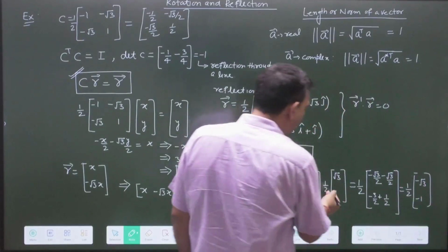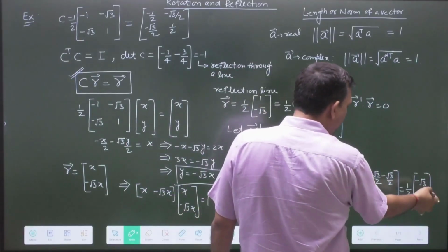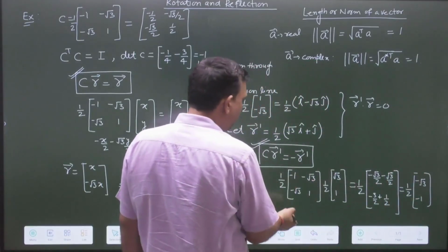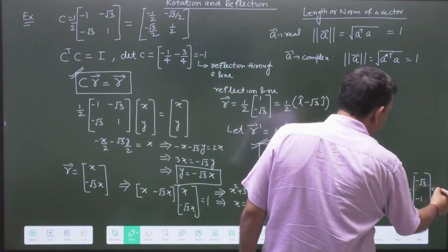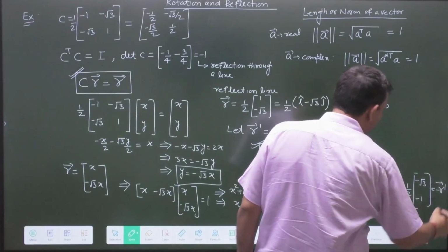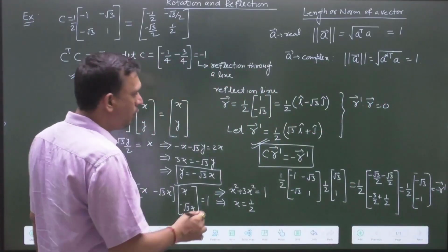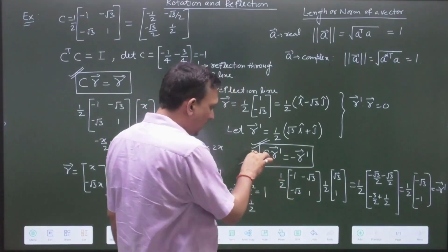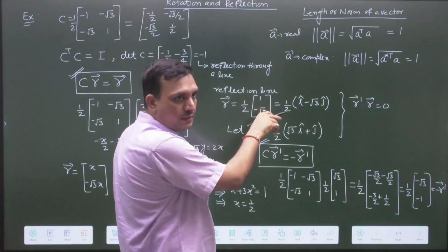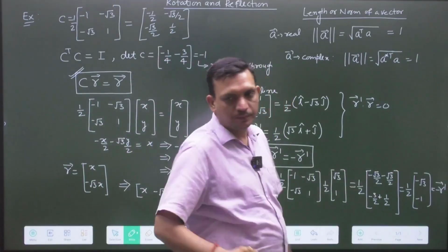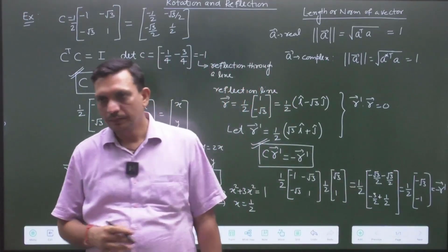Just see, this value is minus of r dash. So this is simply minus of r dash. So if you operate matrix C along vector r dash, which is perpendicular to the reflection line, it will change sign. Clear?